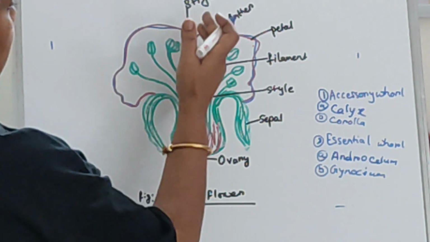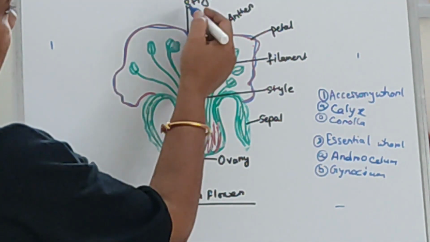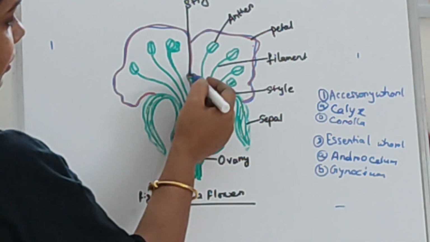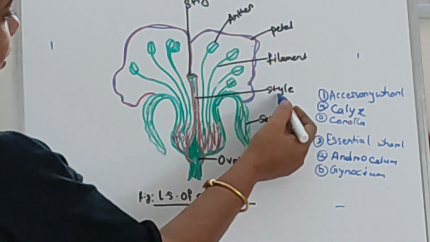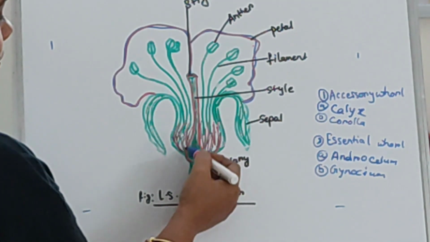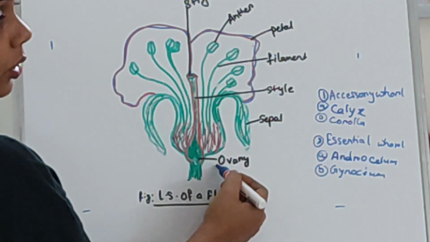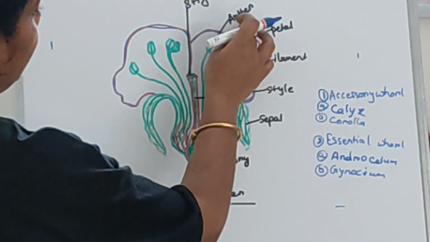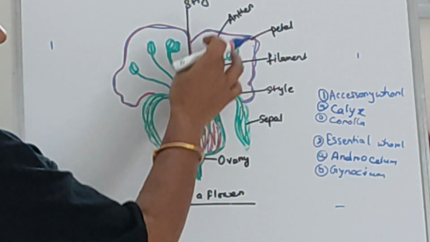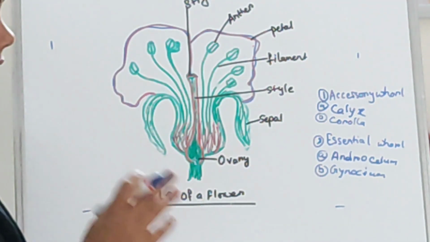Now see, the gynoecium is again divided into how many parts? The upper part of a gynoecium is the stigma, the middle part is called the style, and the lowermost part of a gynoecium is called the ovary. Here you can see the androecium, it's the anther, which is mainly bilobed in nature.